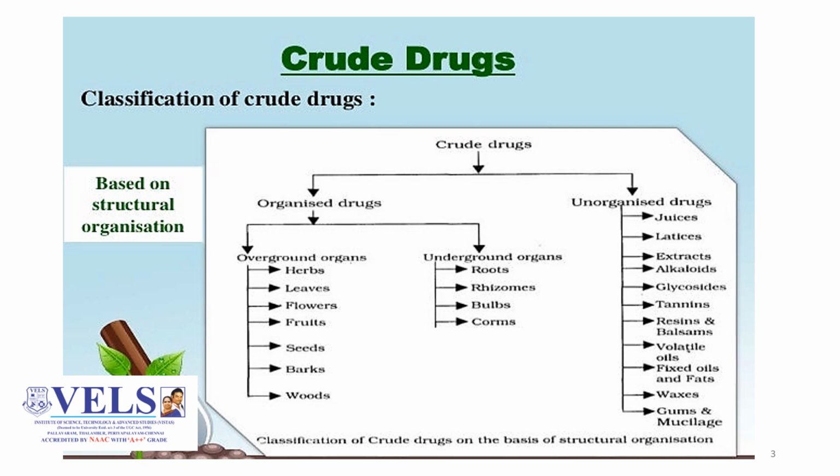Unorganized crude drugs are divided into juices like aloe vera, latex like poppy opium, extracts, alkaloid containing drugs, glycoside containing drugs which are all secondary metabolites, tannins, resins, volatile oils, fixed oils, waxes, gums, mucilage, etc. So this is the classification of crude drugs. Mainly we have to study the organized and unorganized drugs.